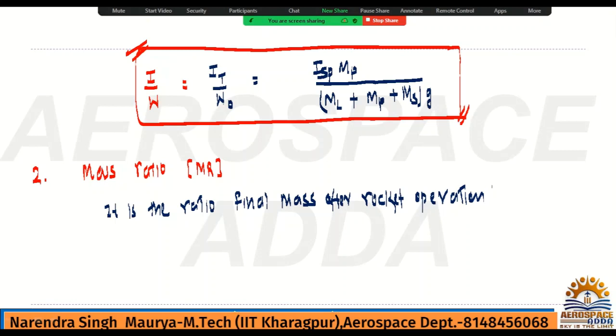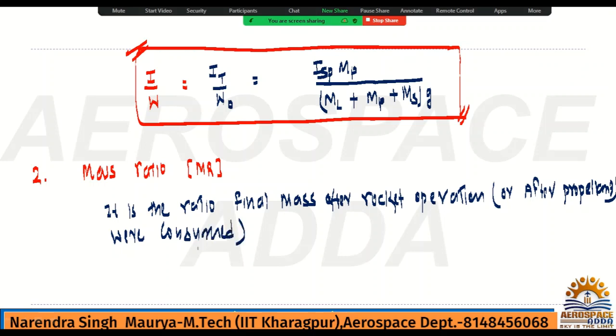So in brackets you also write: after propellant were consumed, to the initial mass m naught, the initial mass before rocket operation.